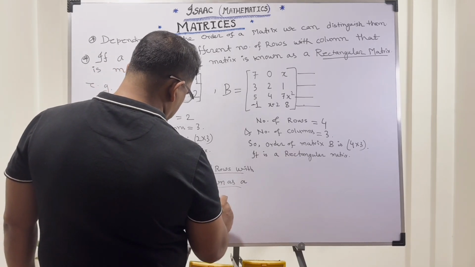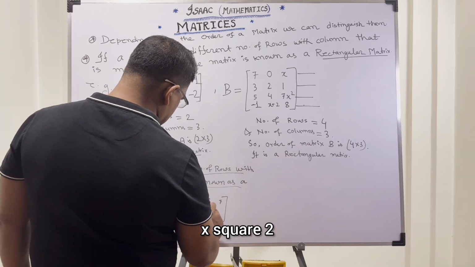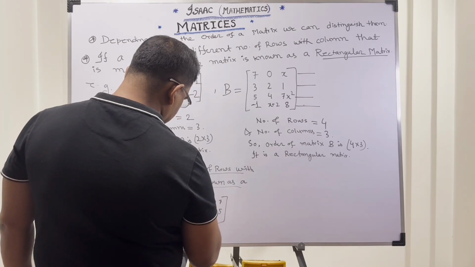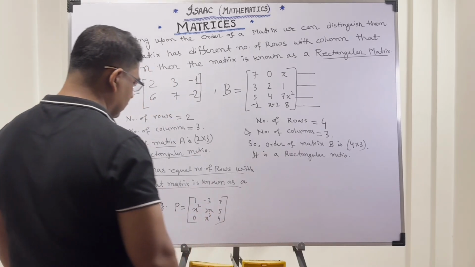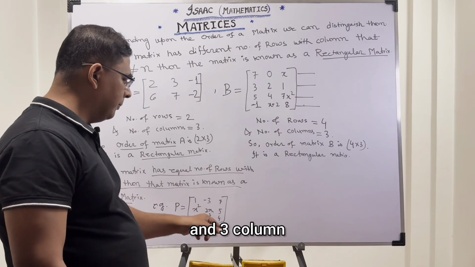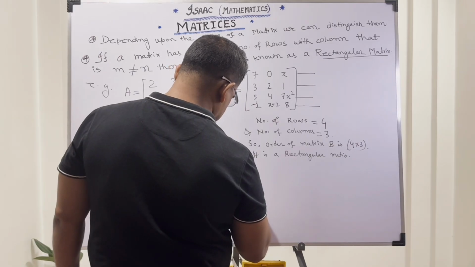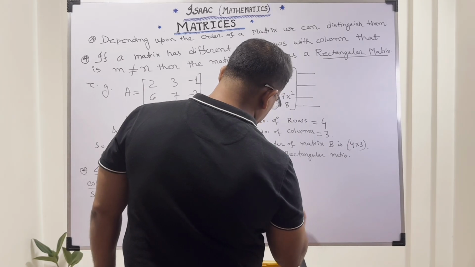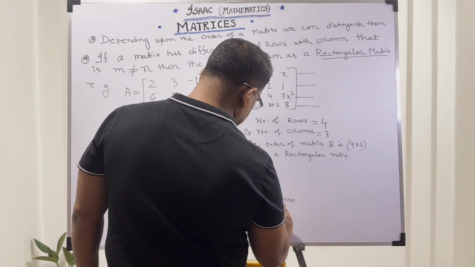1, minus 3, 7, x square, 2x, 5, 0, x cube, 4. So matrix P has 3 row and 3 column. So it is a square matrix. It has 3 row and 3 column.